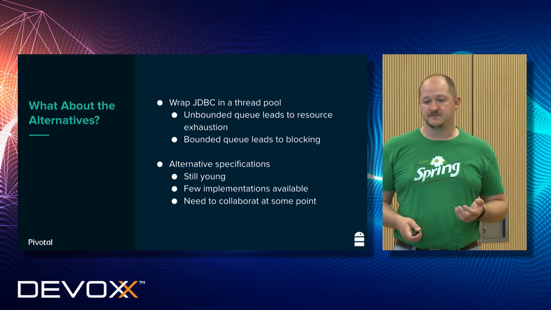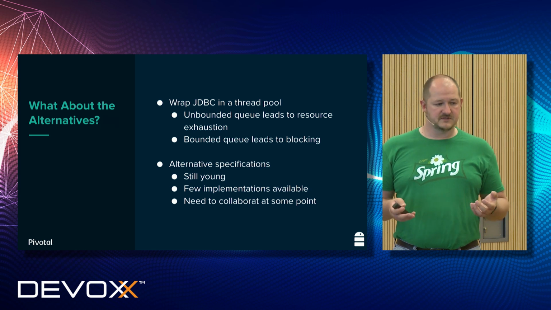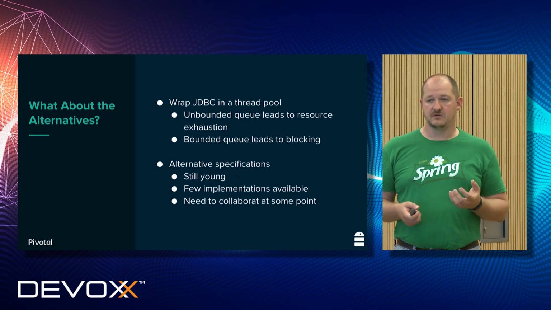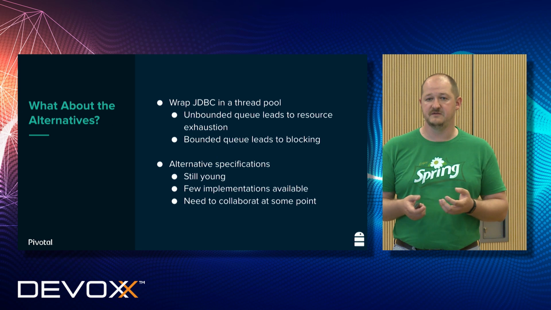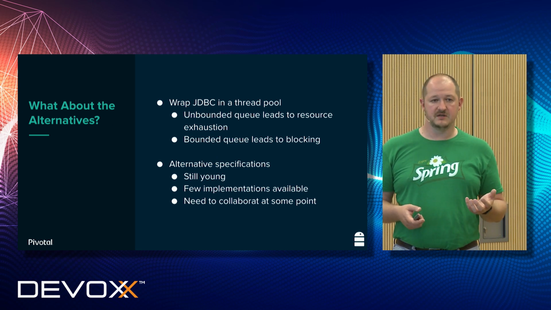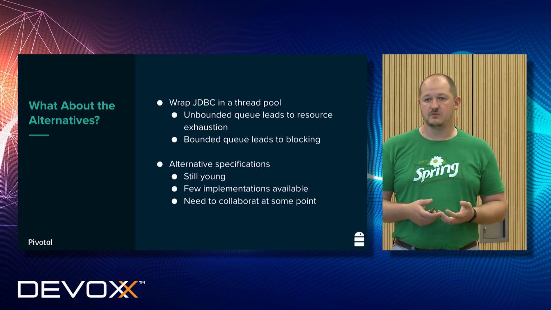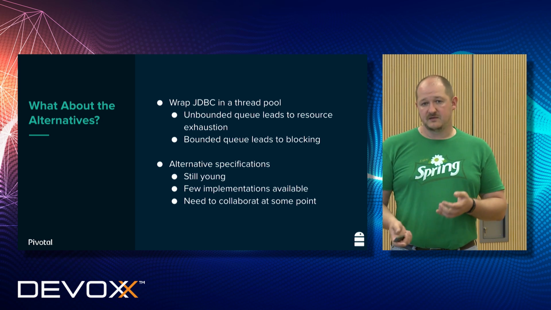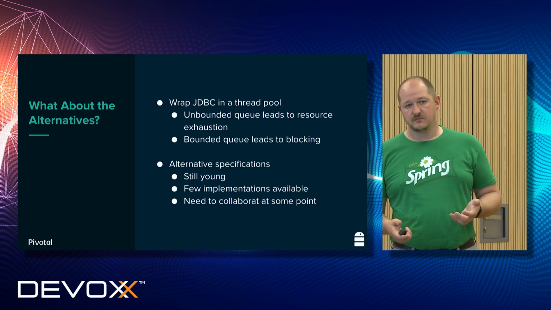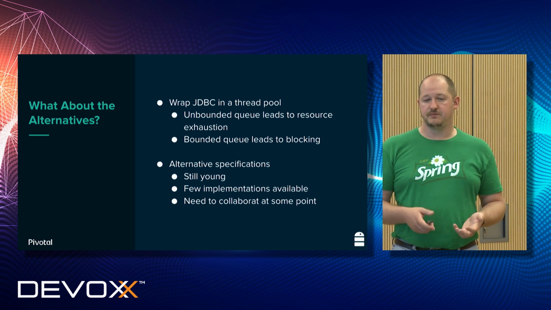And the reason for that is, if I spin up a thread pool with like 10 threads, these threads are going to be exhausted and blocked pretty quickly if my queries have a significant query runtime. So this means my thread pool is pretty busy after a while. But what do I do with request number 11, 12, and so on? Well, either reject them, which is not cool, or the alternative is putting them into a queue.